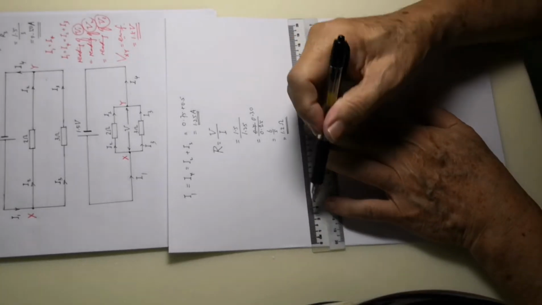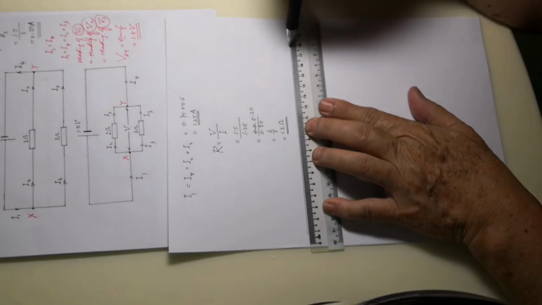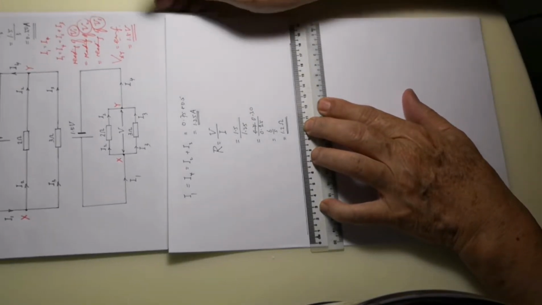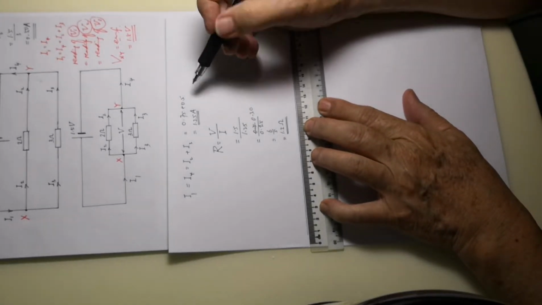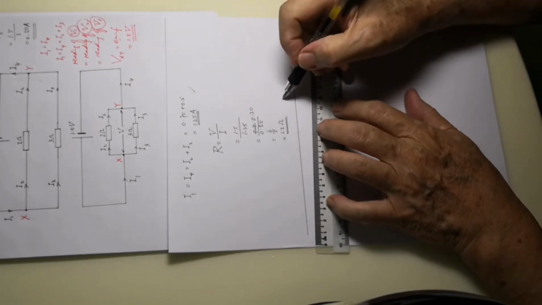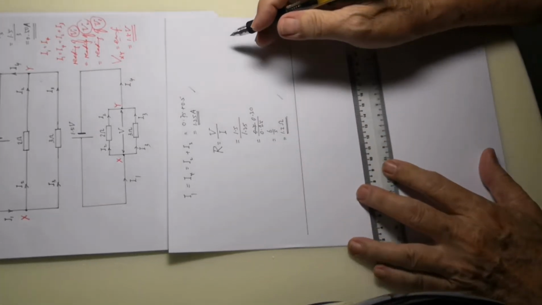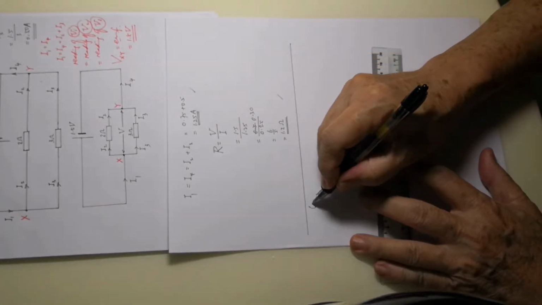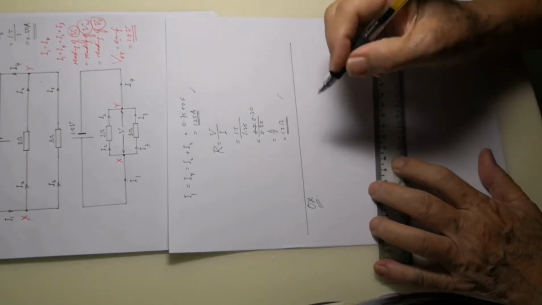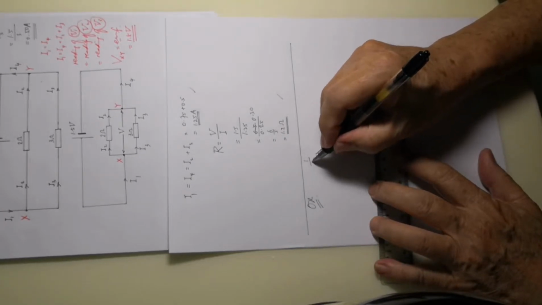So if we are not restricted by the question, we can find the branch currents and then only reach the total resistance. Now, another method is the conventional way.